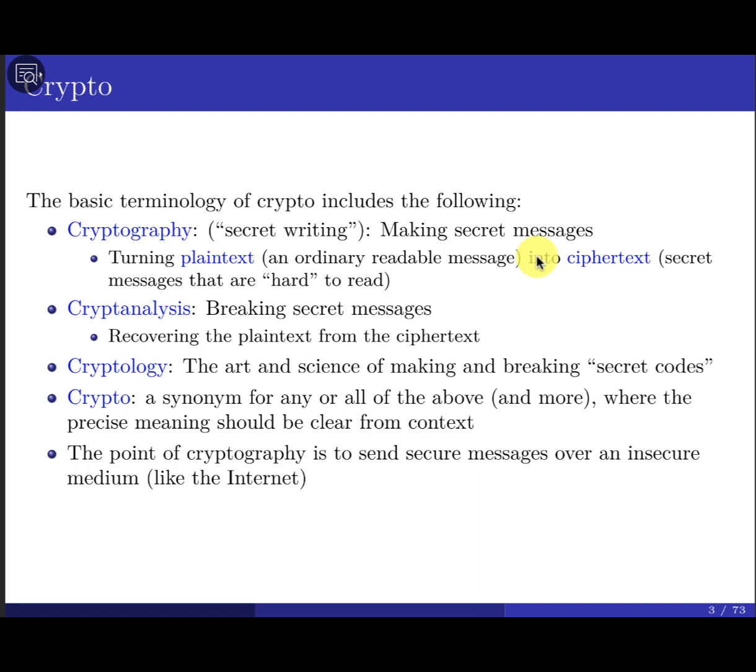Cryptography means the way of making secret messages. So when we talk about cryptography, we have a message, for example "hi, how are you," and I'm trying to find a way to make this message secret, to hide its content. You take the plain text, generally speaking, the original message. This is the first one, cryptography.